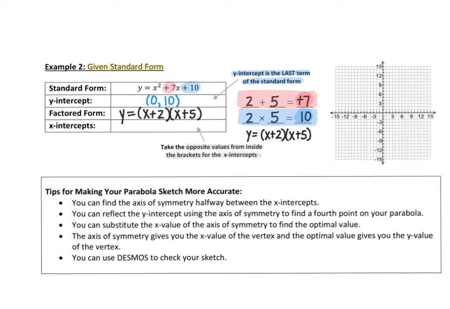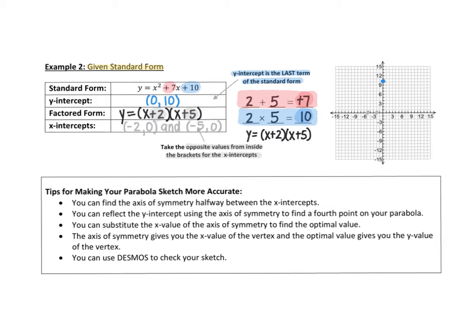So we will have (-2, 0) and (-5, 0). We can plot these 3 points. (-2, 0) is along the x-axis, (-5, 0) is also along the x-axis because those are the x-intercepts. Our y-intercept of (0, 10) can be plotted as well.